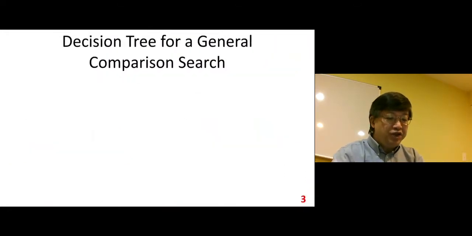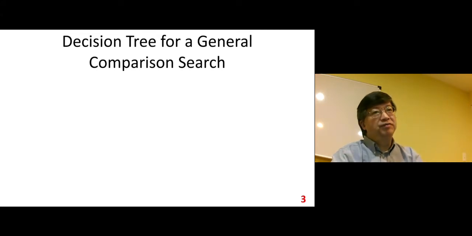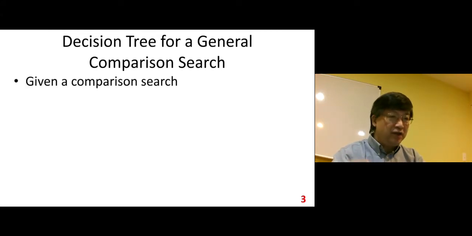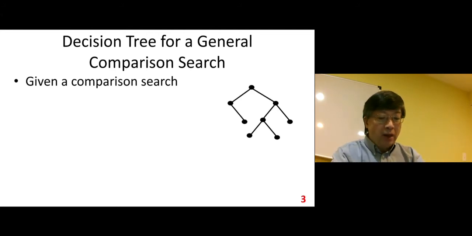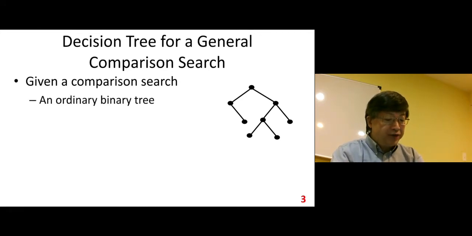Decision tree for a general comparison search. Now we consider a general decision tree. Assume it looks like this. Given a comparison search, we have an ordinary binary tree.